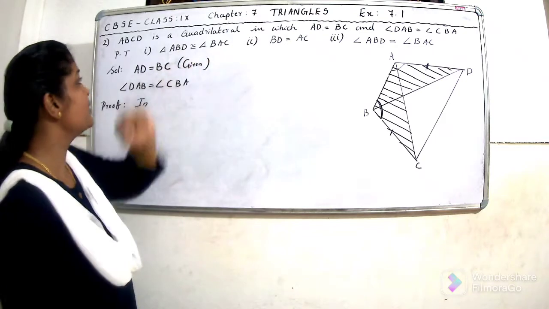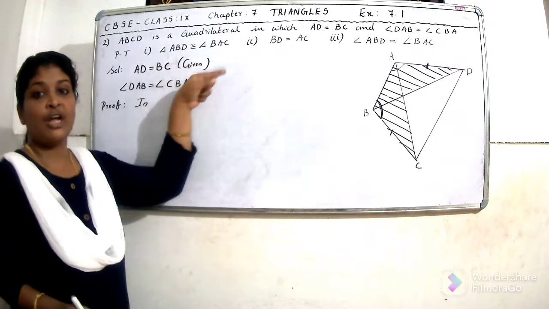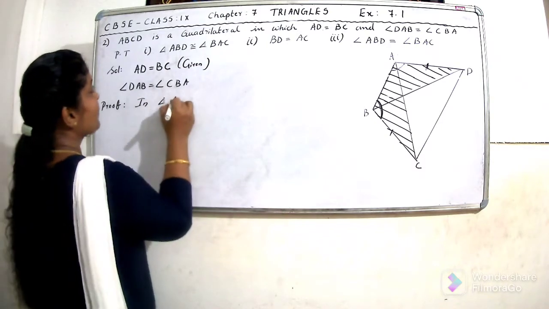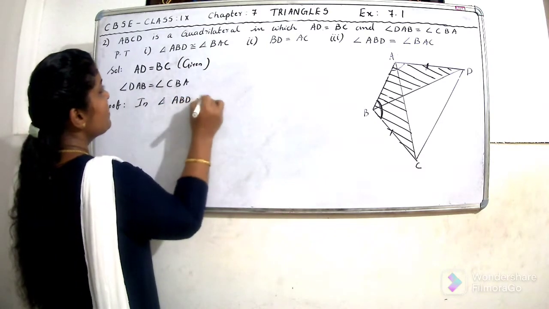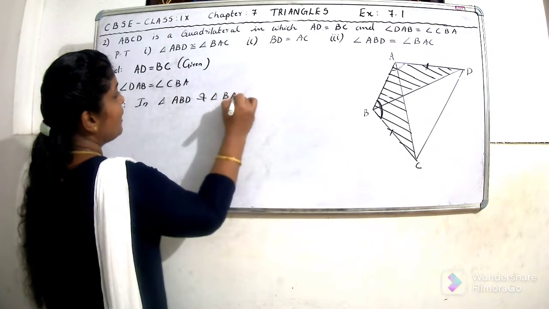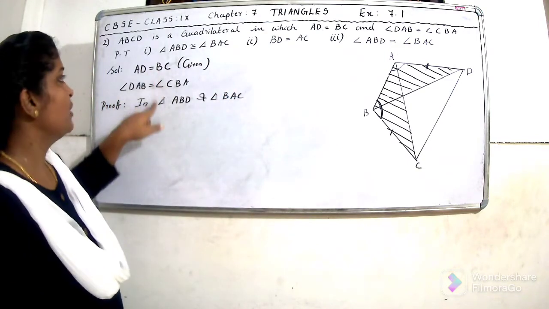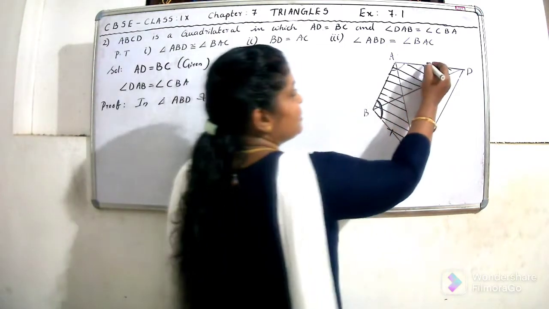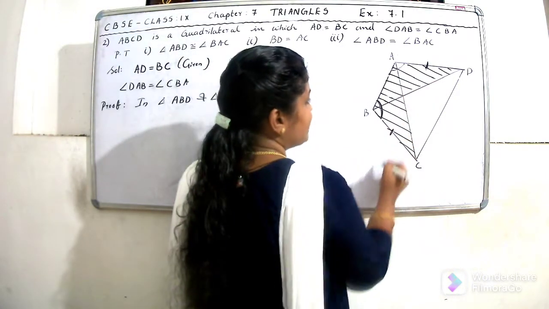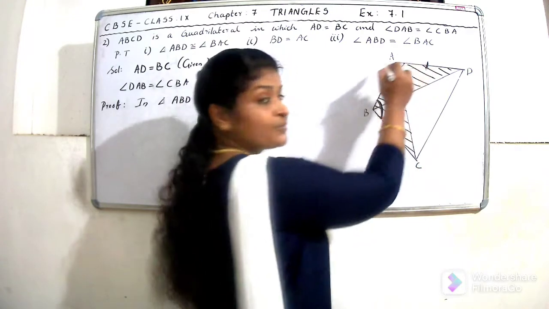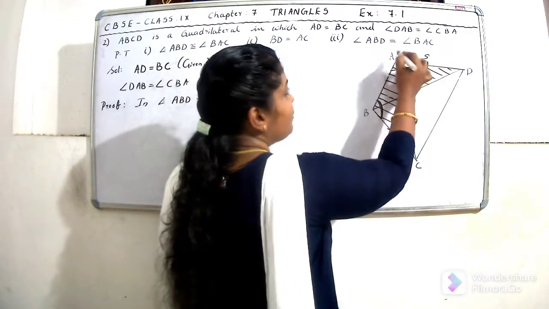We are considering these two triangles because we have to prove that two triangles are congruent, no? So in triangle ABD and triangle BAC, we considered. What information do we know in these two triangles? This side and this side are equal, and one angle is also equal. So one side we got, one angle.